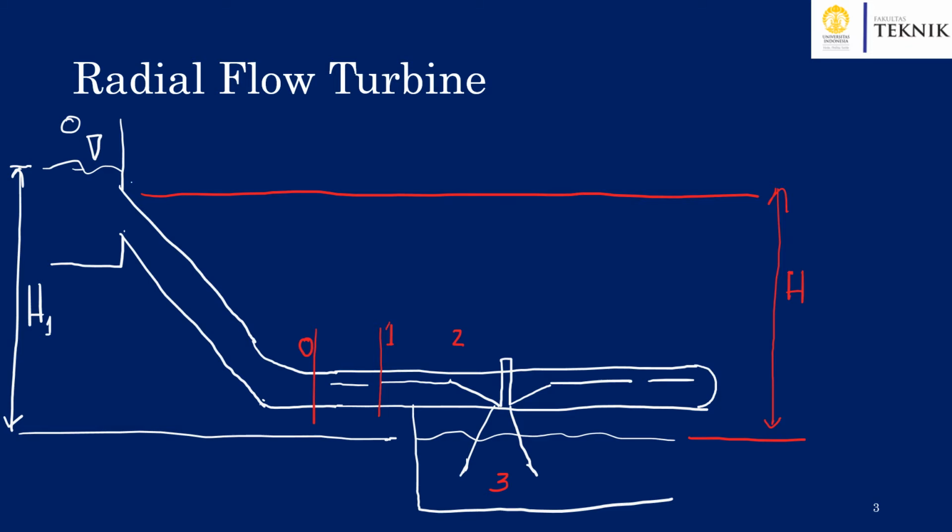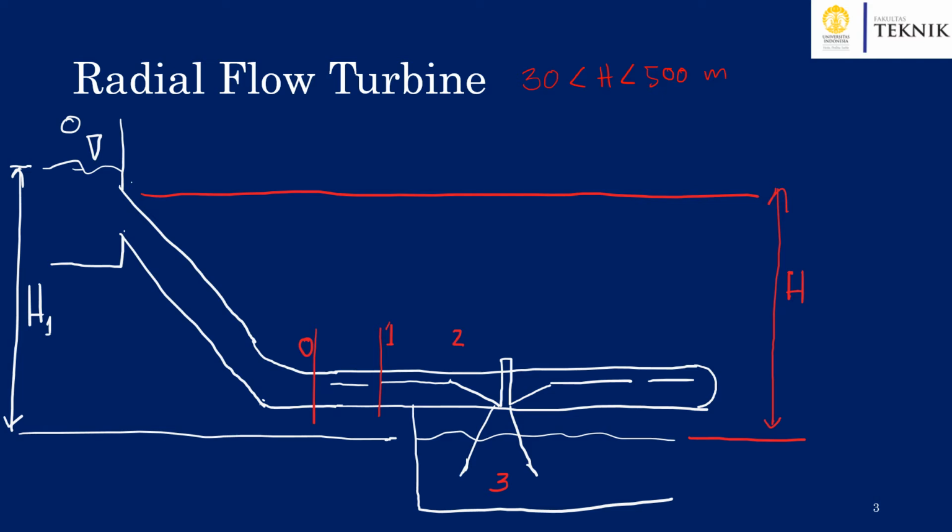Before talking into the detail about the radial flow turbine installations, there are several things that we need to keep in mind, that when we use a type of radial flow turbines, normally the available head will be between 30 to 500 meter.